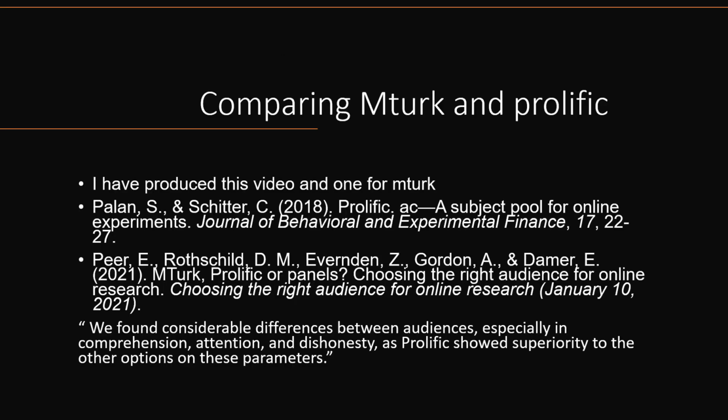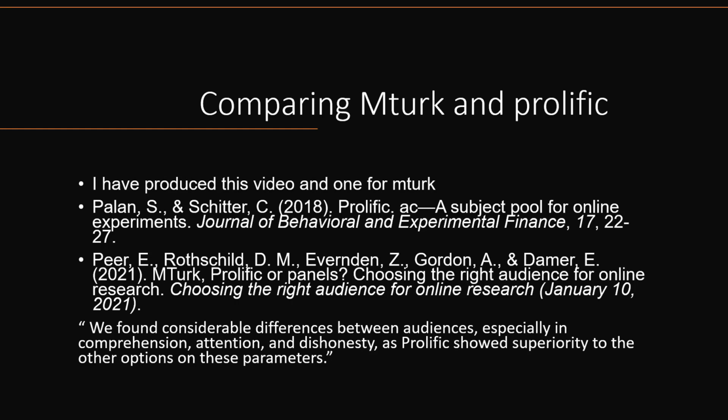So there has been research done on this, and here are two papers I found. If I just read the quote, "We found considerable differences between the audiences, especially in relation to comprehension, attention, and dishonesty, as Prolific showed it was superior to all the other options."